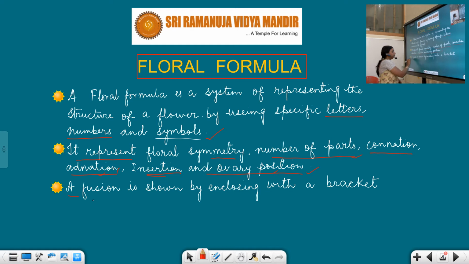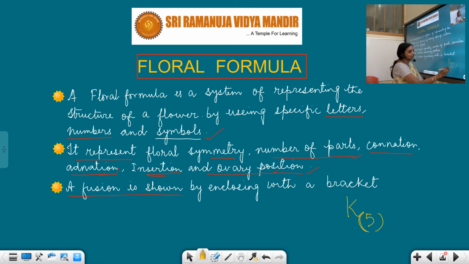And fusion is shown by enclosing with a bracket. If it is calyx, you have to write calyx, and the number of sepals is 5, and it is gamosepalous. Gamosepalous means all the sepals are united.